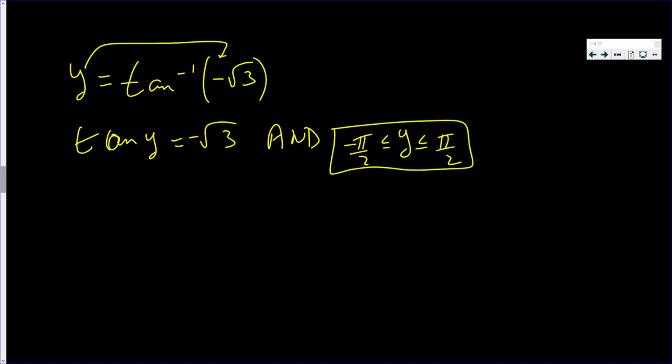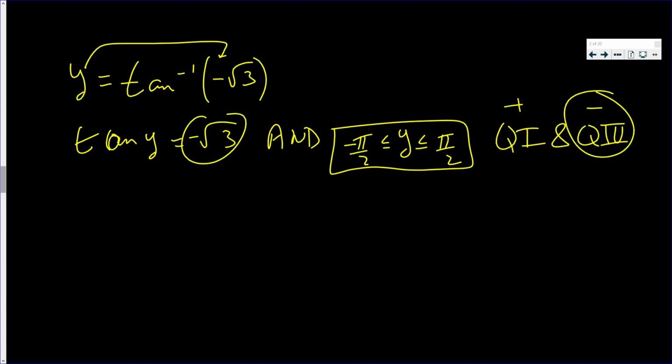You're going to have to remember this for all the 6 trig functions. So, once again, you're either in quadrant 1 or quadrant 4. Quadrant 1 is positive, the other one is negative. We're negative, so we're in quadrant 4.